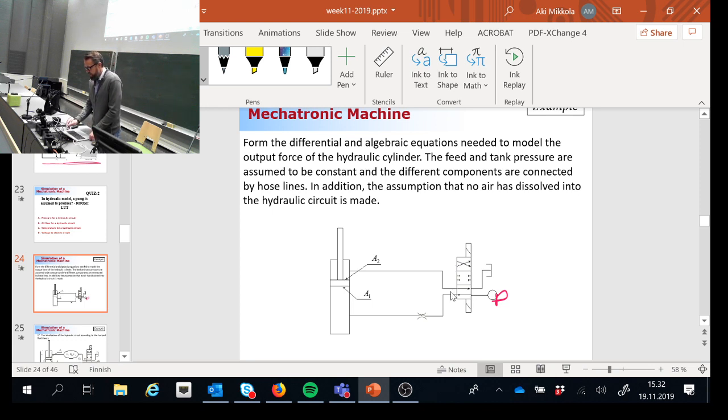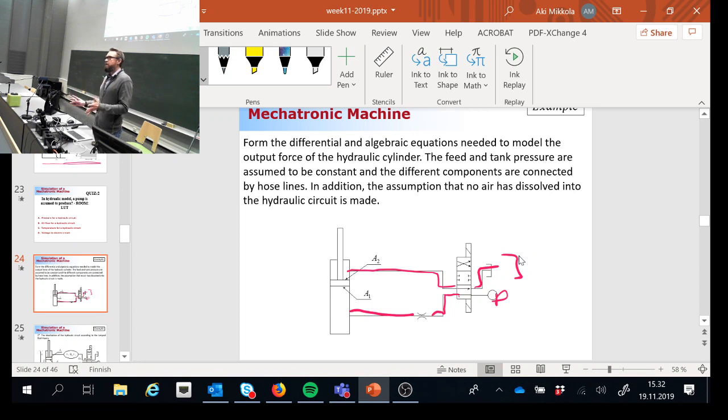And then the direction valve is connected to a throttle valve, and the throttle valve is connected to the piston side of the hydraulic cylinder. Now the piston rod side is connected directly to the direction valve, and here this is the tank line. This is what I would like to model.